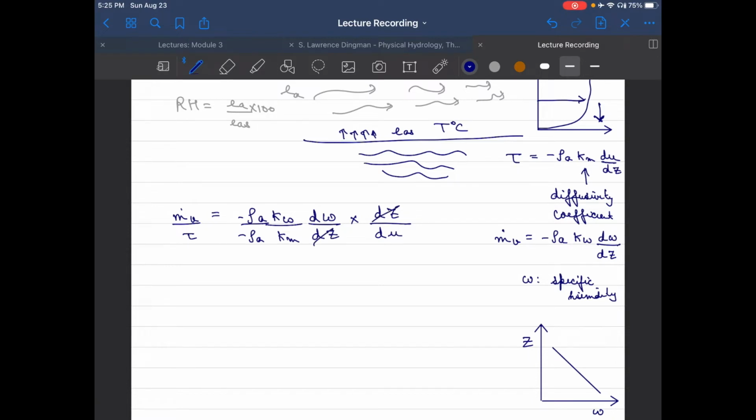So this cancels out. So m dot v upon tau comes out to be kw by km into dw by du.